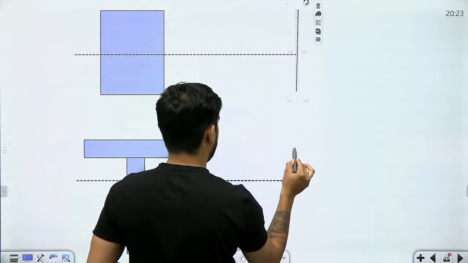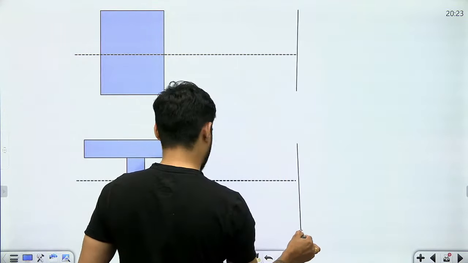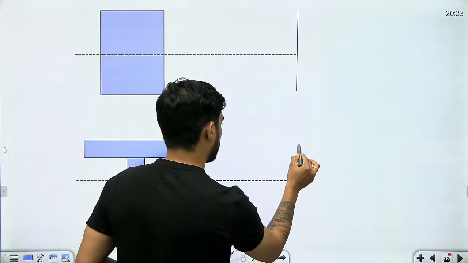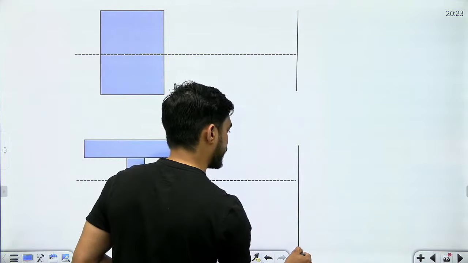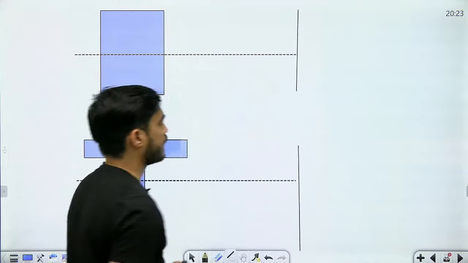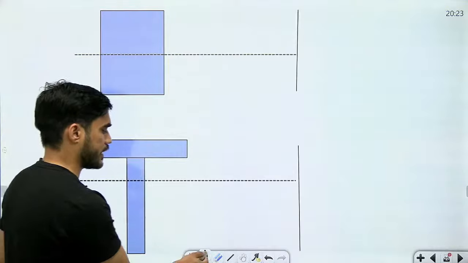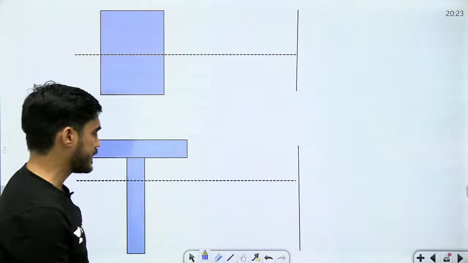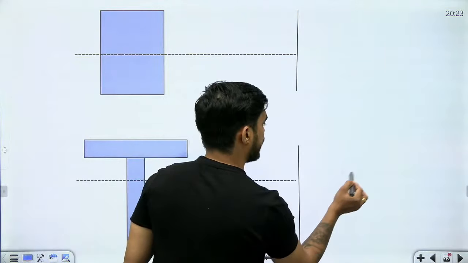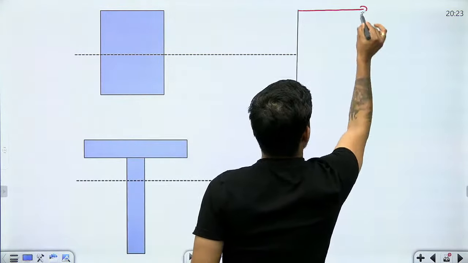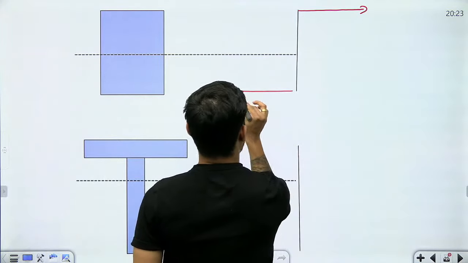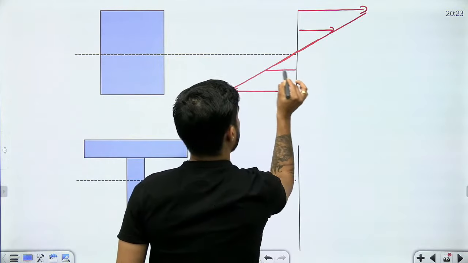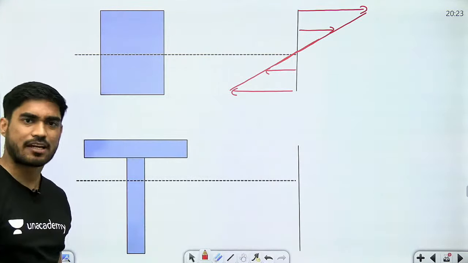Okay, so in case of symmetric cross section, the neutral axis will be at the center, है ना. अगर symmetric cross section है, if the cross section is symmetric, then the neutral axis will be at the center. और अगर neutral axis center पे है, then you will see that the bending stress at top and the bending stress at bottom are going to be equal, right?